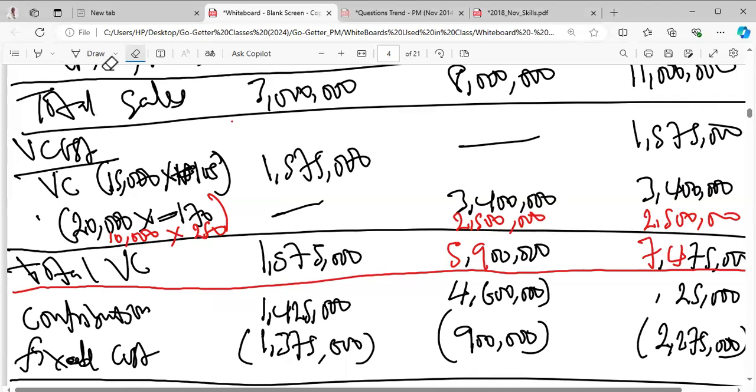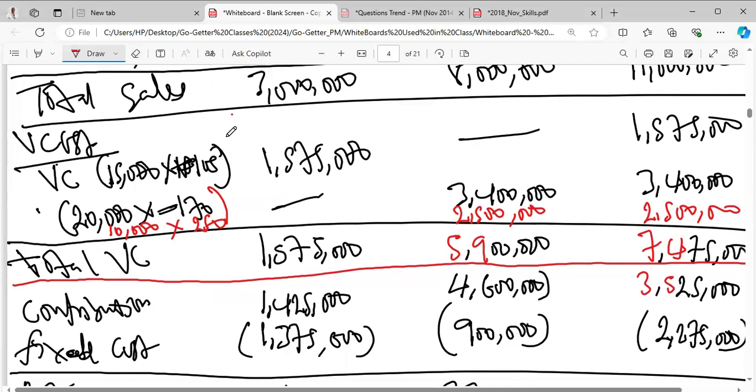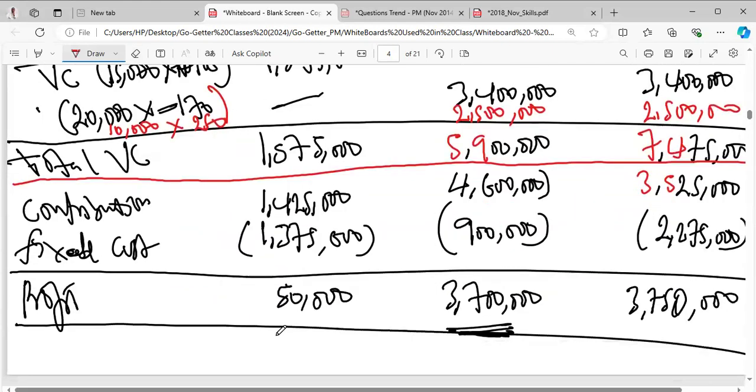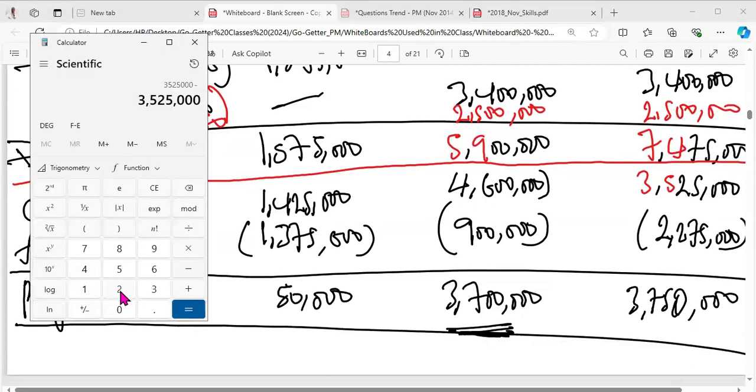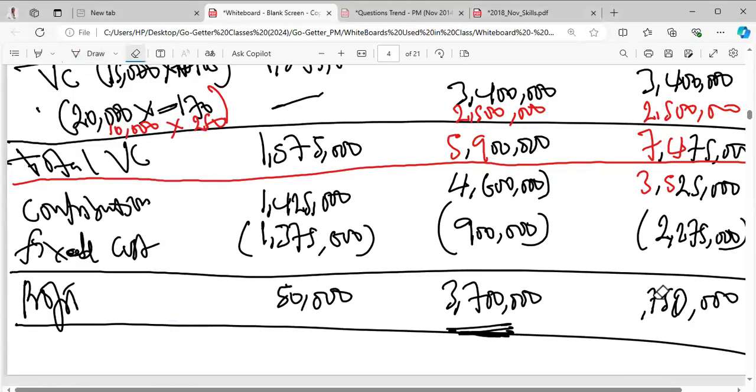Okay. So if we have to take 3,525,000 out, we say minus 2,275. That will give us 1,250,000.